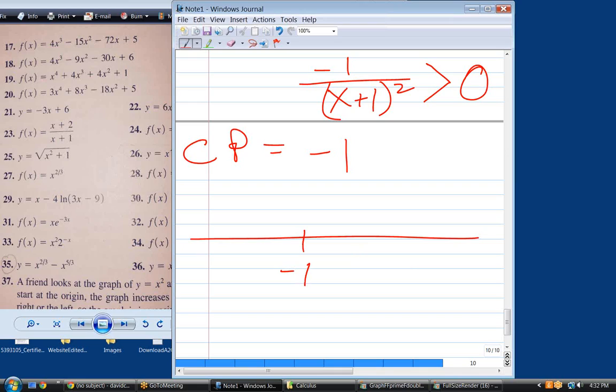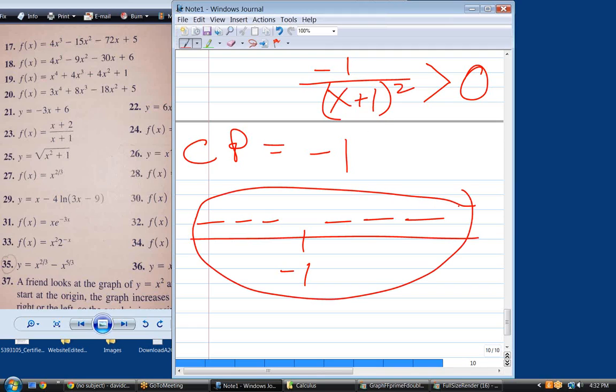Is it negative? What happens to the right of negative 1? Is it still negative? Because the denominator is always positive. No matter what x is, if I'm squaring it, I'm getting a positive number. So this thing is negative throughout its domain, which means the function is decreasing everywhere.